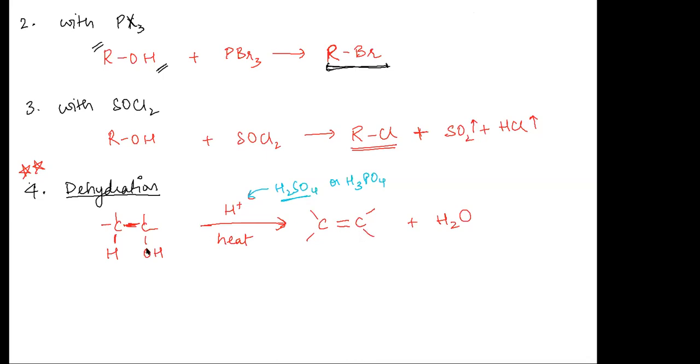Okay. So I'll discuss the mechanism first. So I'll do it in the next slide. Dehydration ka mechanism. So step 1, you get a protonated alcohol. Because it is being done in acidic medium, na?